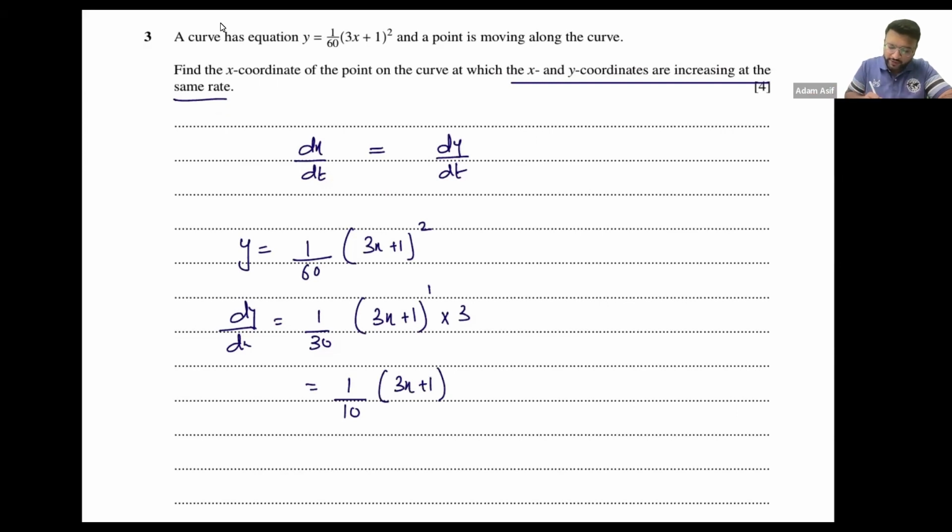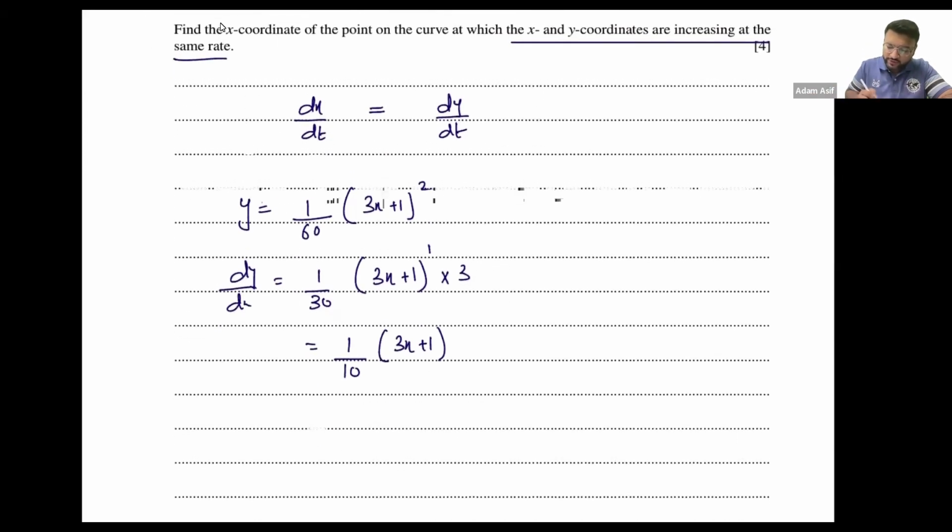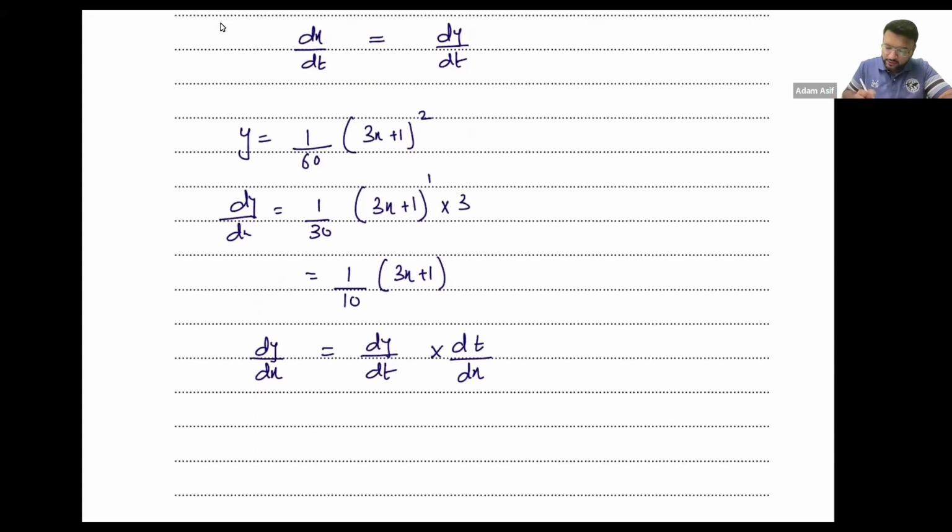Okay, now we need to find the x coordinate. So dy by dx is the same as dy by dt times dt by dx, chain rule. Now dy by dx is 1 upon 10 times (3x plus 1).